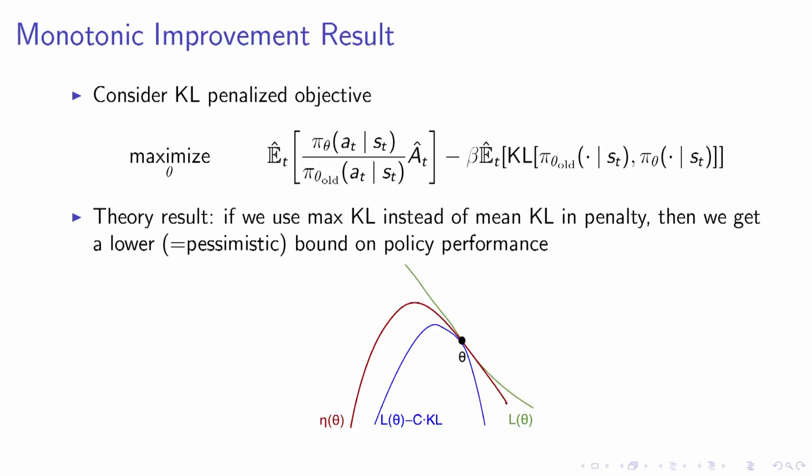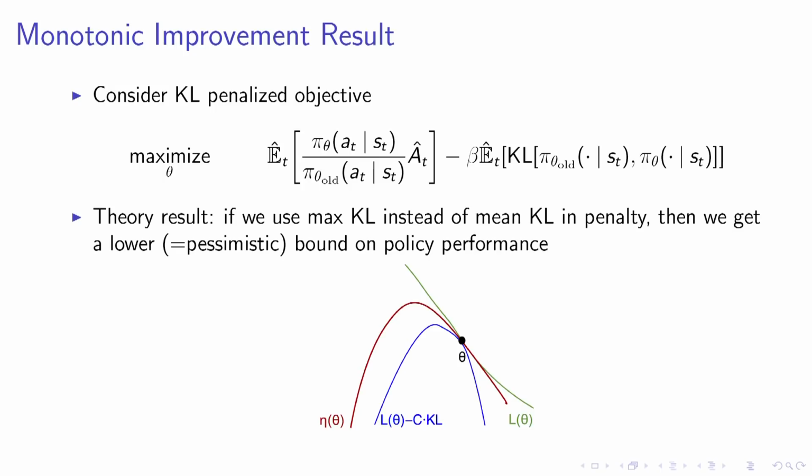So the point is, let's say we sampled some data with pi sub theta old, and now we want to get a new policy, pi sub theta. We want to write down some objective such that if we maximize that objective, it'll actually improve the performance of the policy.